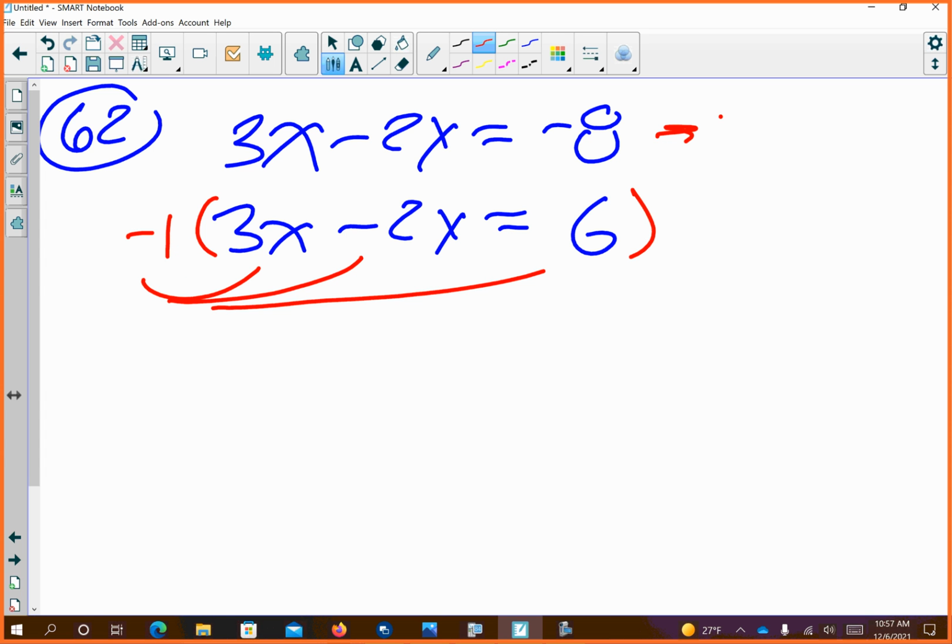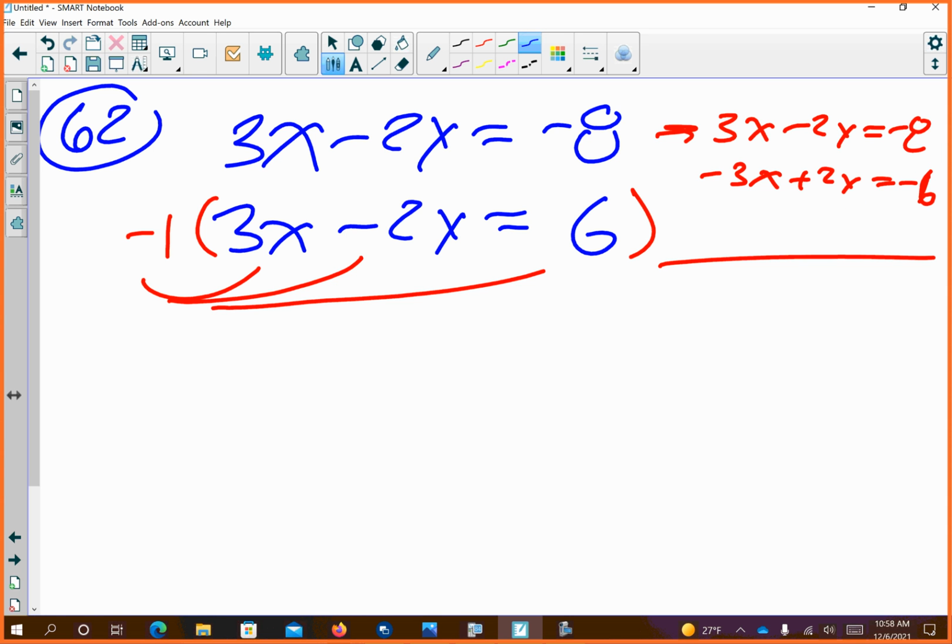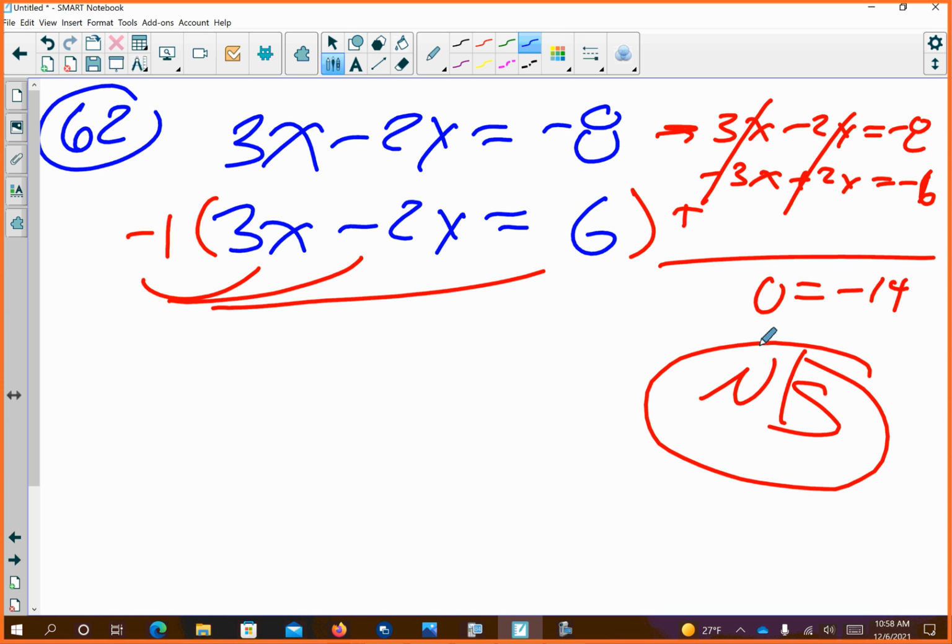So the top, nothing happens to. The bottom, I get negative 3x plus 2y equals negative 6. If I add these together, those cancel, so I get somehow 0 is equal to negative 14. What do you know about this? No solution. No solution, yeah.